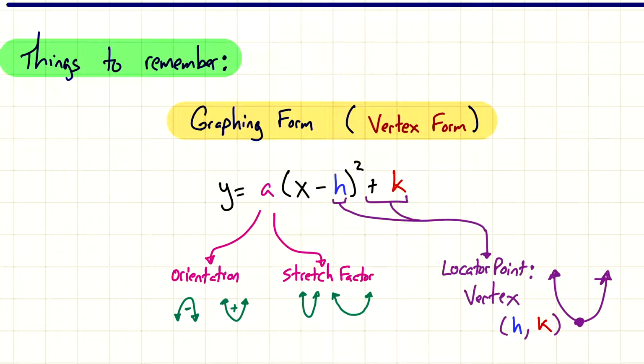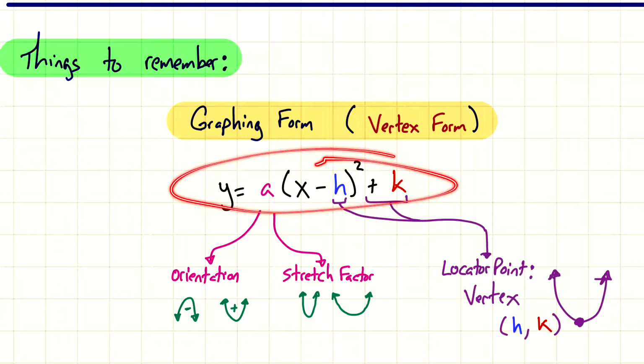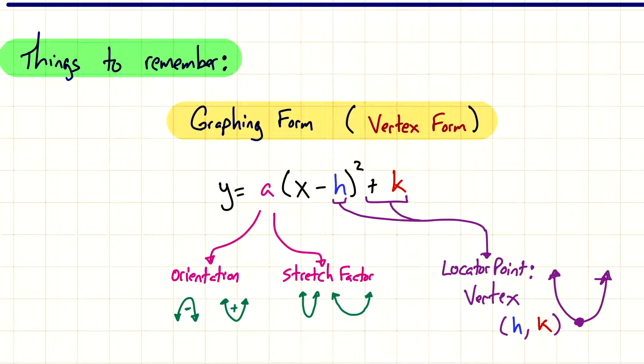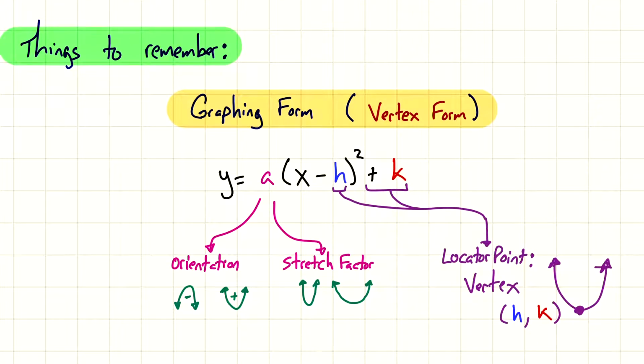But for the most part, make sure you do understand the graphing form at the very least. You probably already understand orientation, whether it's facing upward or downward. Is it a positive orientation or is it a negative orientation? Stretch factor also will tell us whether it looks skinny or looks wide.